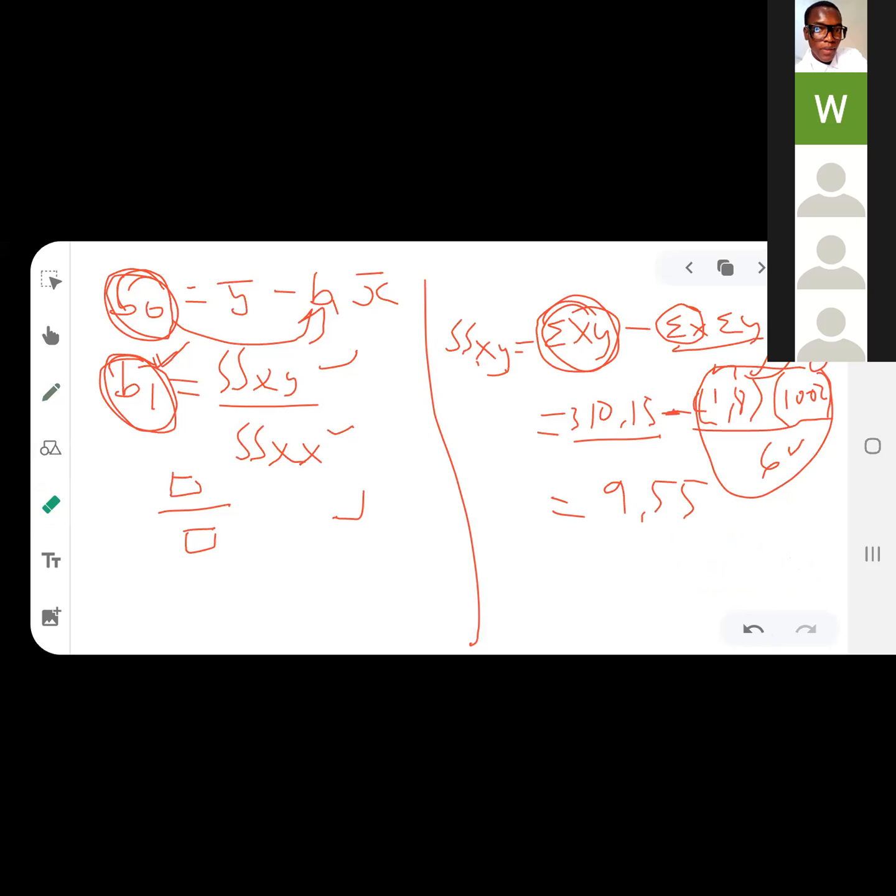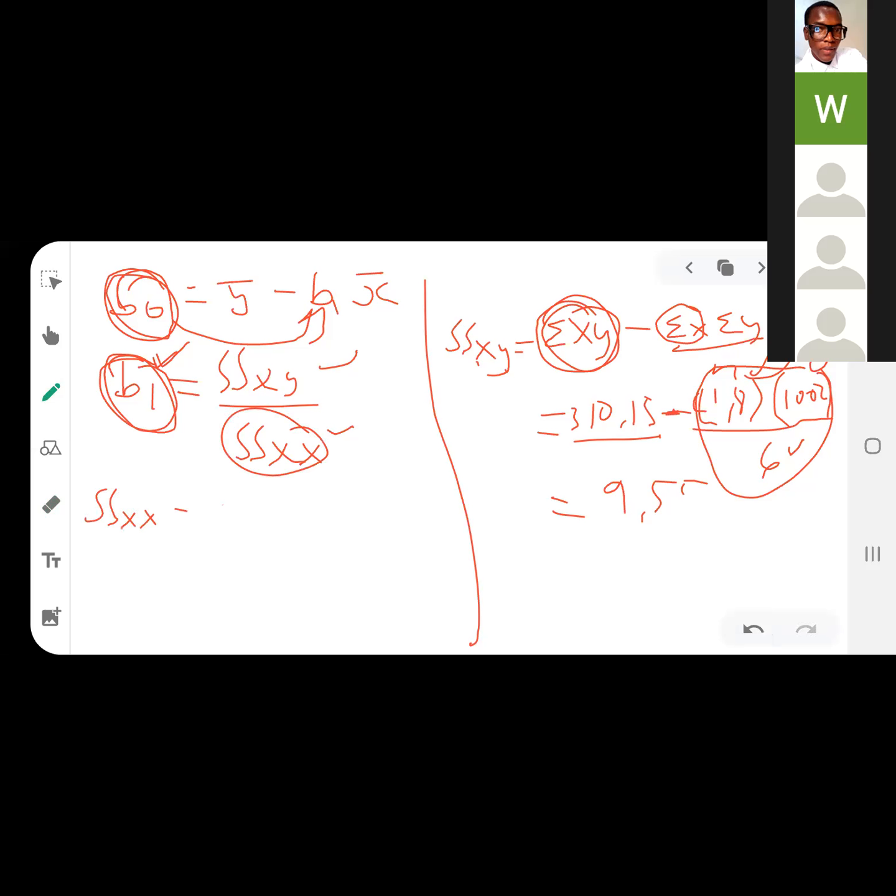It will tell us if the answers are wrong, because at the end we should get the same value as the one from the calculator. Now we have calculated, remember this 9.55 is not B1, it's the first part on top there. So now let's calculate this part.